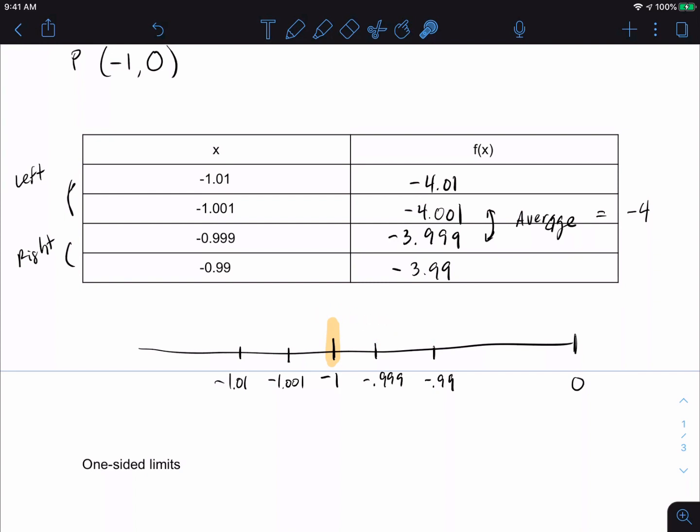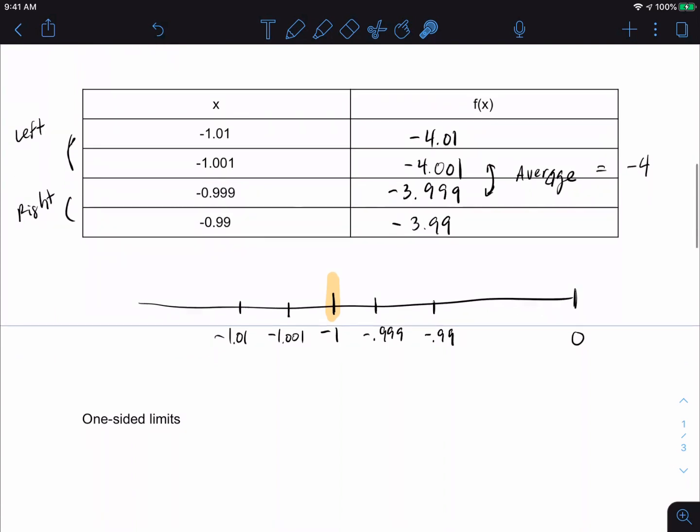Now, the only way that a limit exists when it just says the limit as x approaches a specific number is if it comes to the same value from both sides. If it doesn't come to the same value from both sides, what we end up having is a one-sided limit. All right, so let me show you guys that.